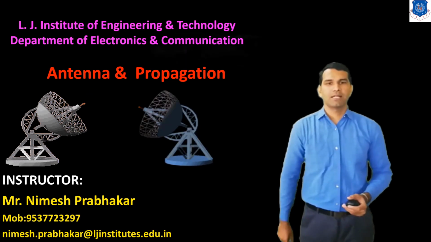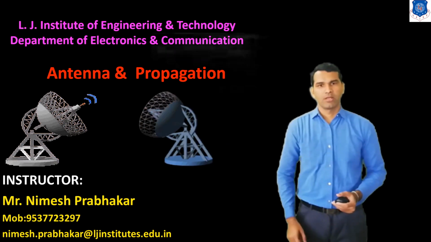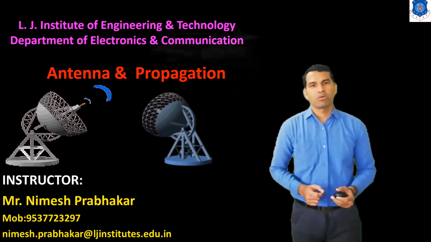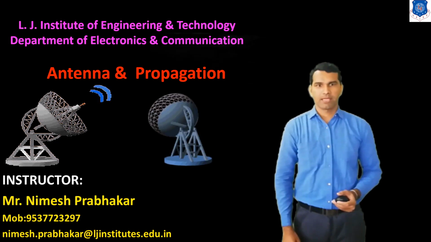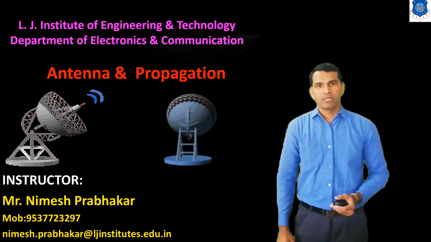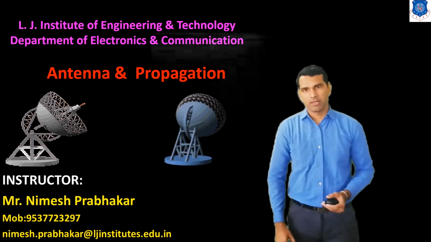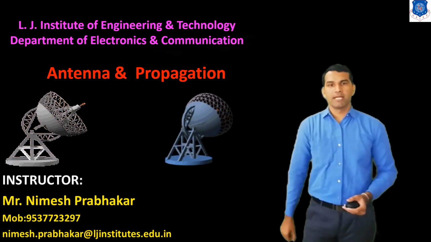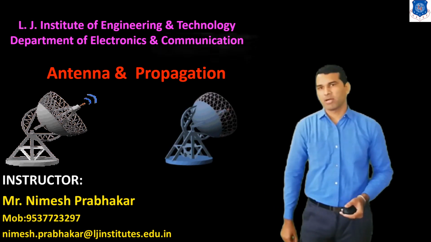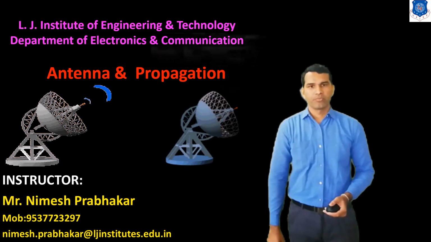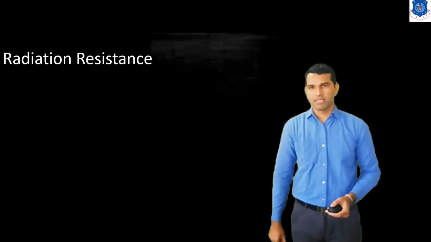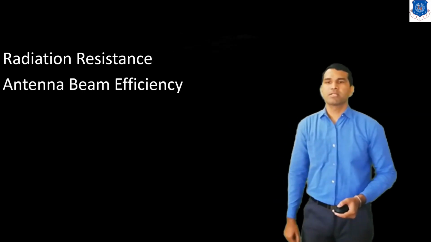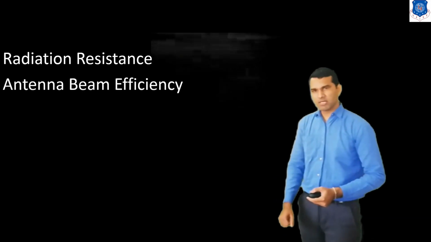In my previous lecture, I started a new chapter. In that chapter, we discussed antenna parameters like beam width, directivity, gain, radiation intensity, and power density. Now, in this lecture, we discuss the radiation resistance. Then we discuss the antenna beam efficiency.